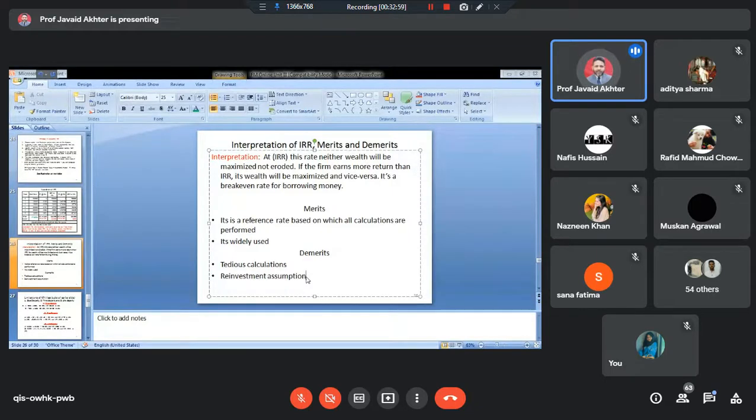Like compounding interest, you receive a particular amount at the end of 5 years, 6 years, 10 years. If it is invested at compound interest, that amount, interest plus principal, will be true only if every time the interest that you have earned is reinvested with the principal, isn't it? Only then your amount will be correct.